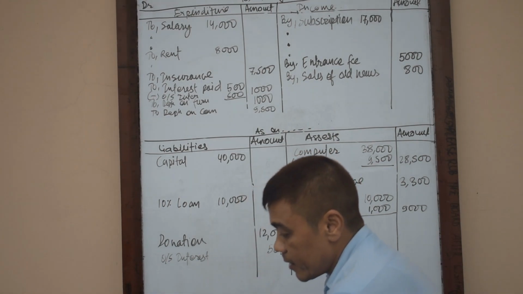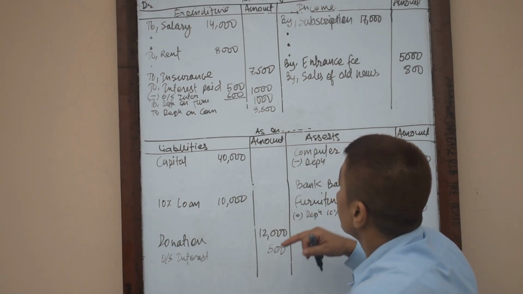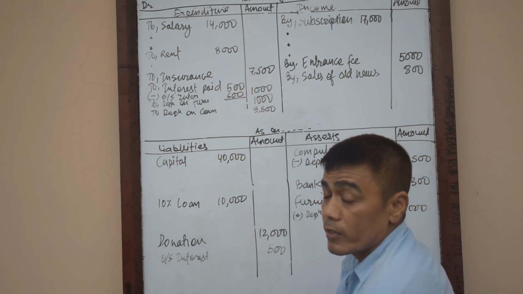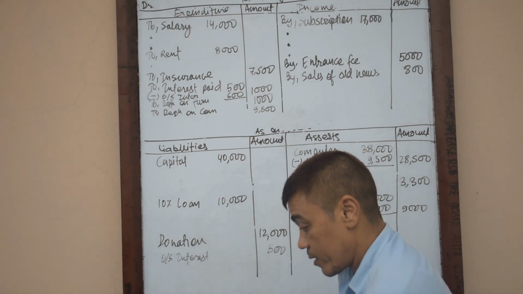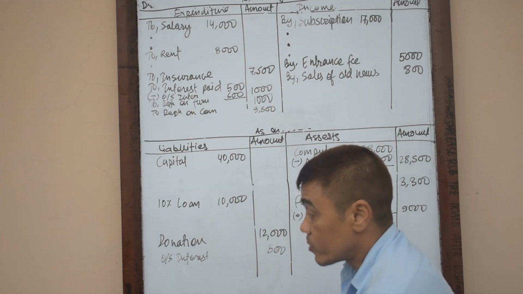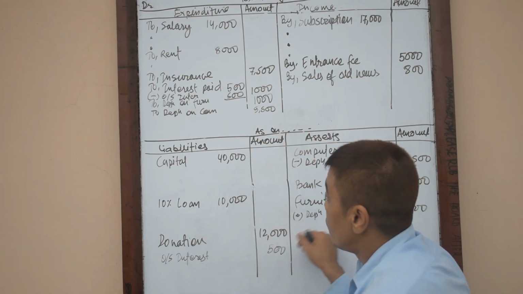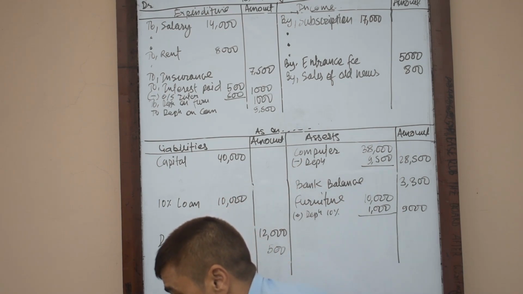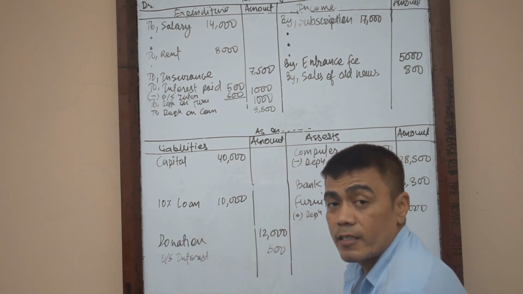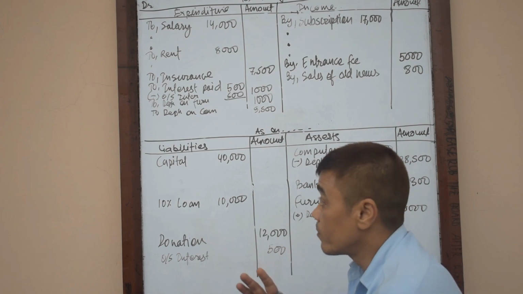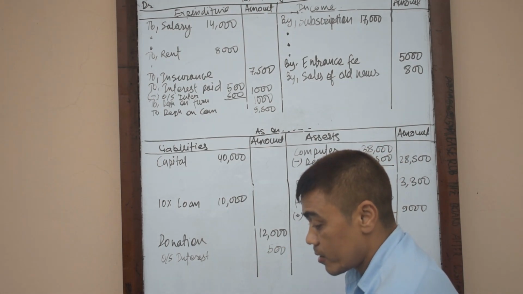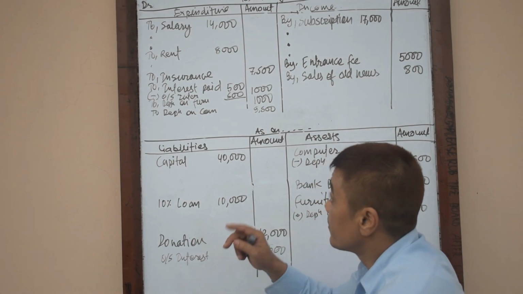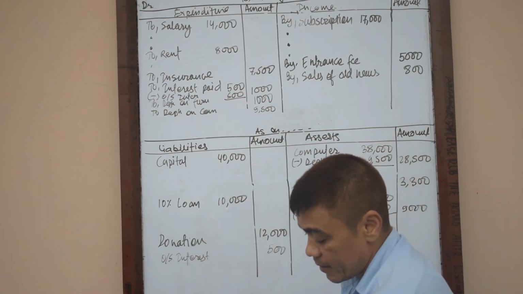Another one is given, rent is to be paid for 2 months. That means this rent, whatever we have paid, we have paid for 10 months, because we know that this final account, or you can say this balance sheet, is prepared at the end of the year, and 1 year contains 12 months, and 2 months remaining means that 8 months might have been paid.